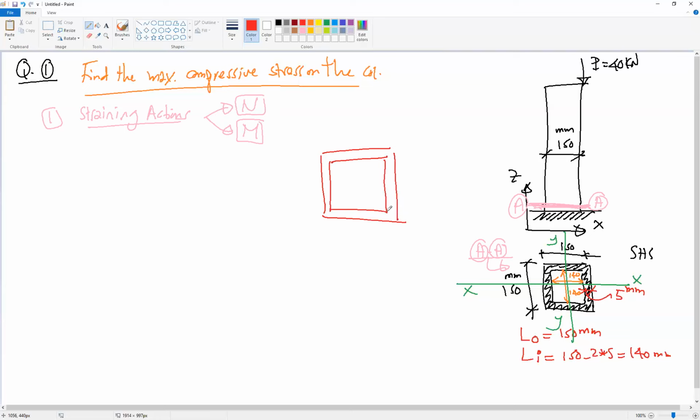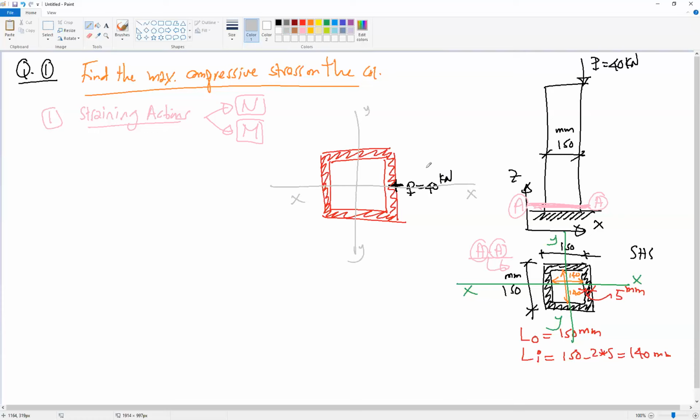this is our cross section, and given that we have an applied load here, P equal to 40 kilonewton, and this is the section, and this is the x-axis, y-axis.